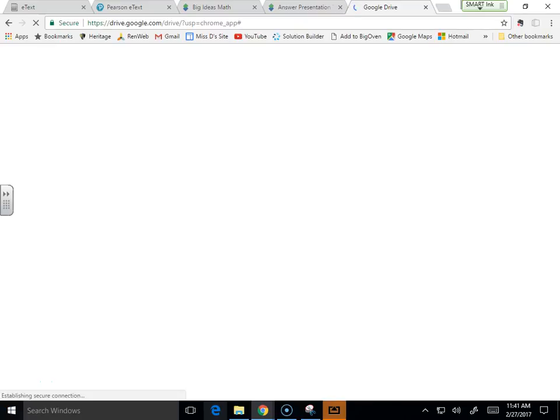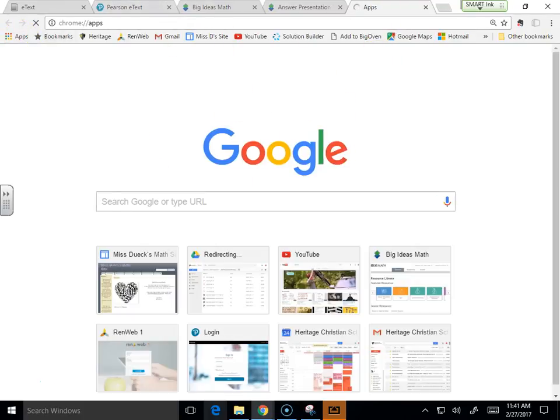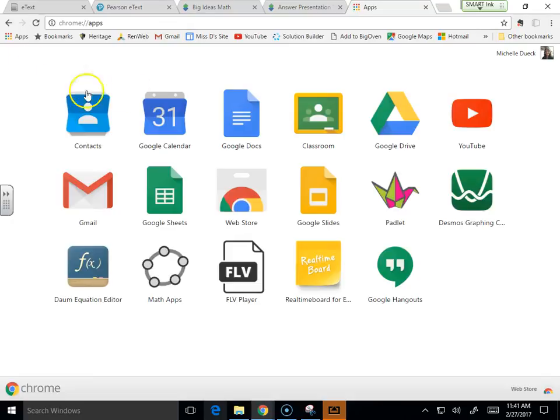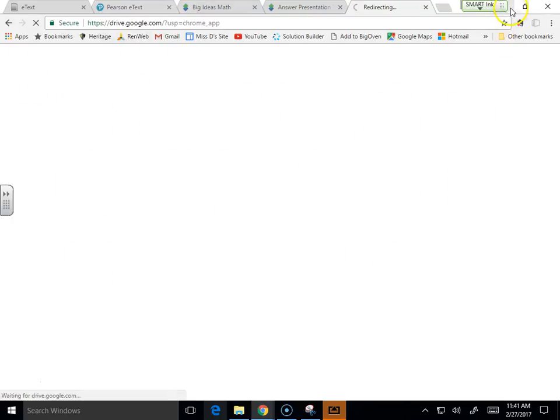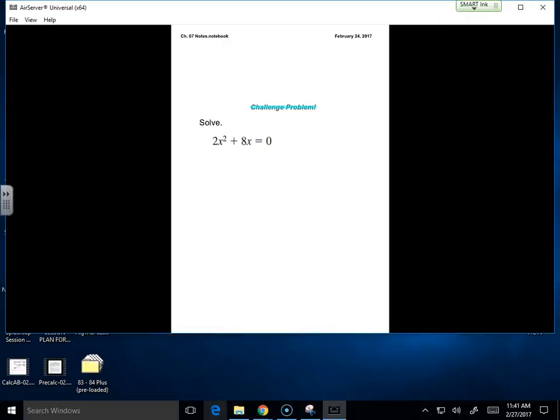Wow, it's not even looking cute. Does Google just randomly decide not to have this? Maybe everybody in the world's on the Google Drive right now. Except for the people in China.